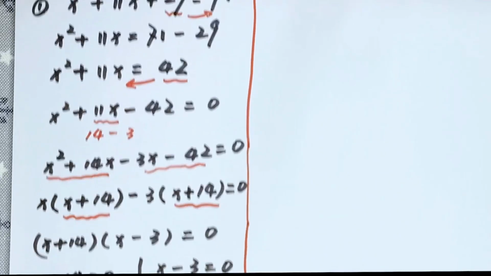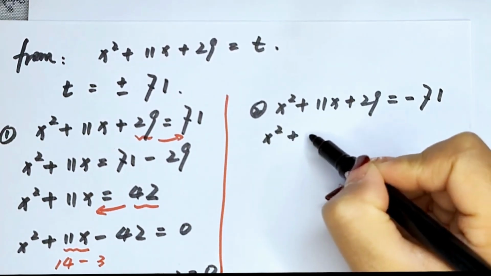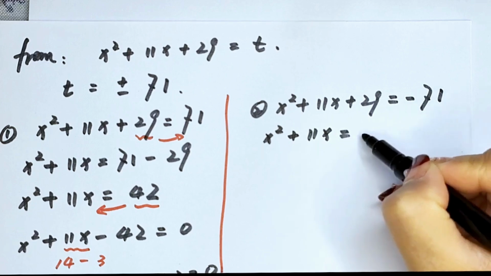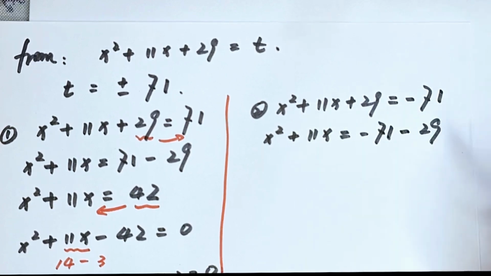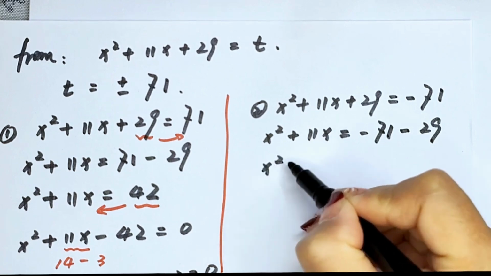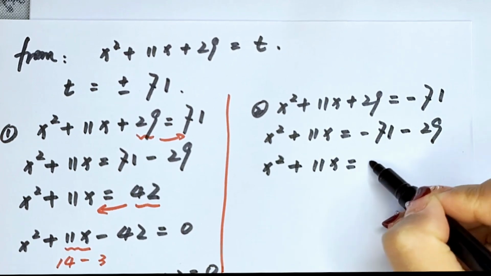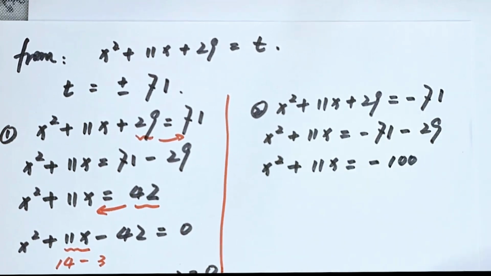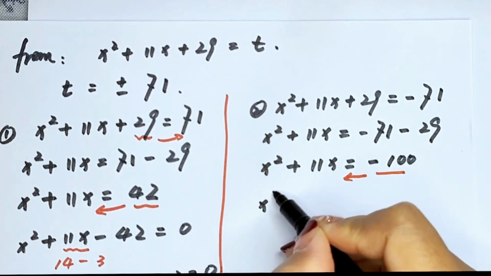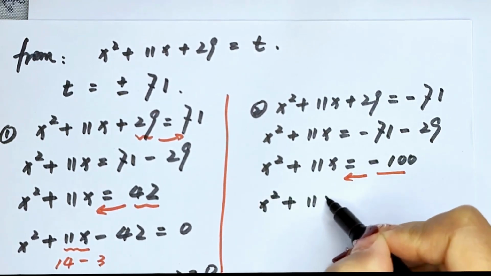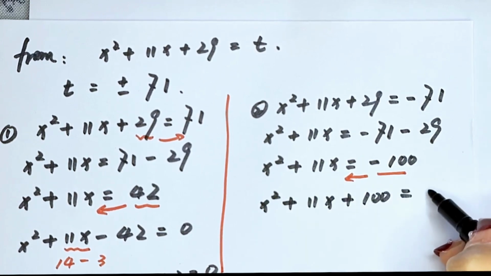The next step, x squared plus 11x equals negative 71 minus 29. Then x squared plus 11x equals negative 100. Then we take this to the left side. So x squared plus 11x plus 100 equals 0.